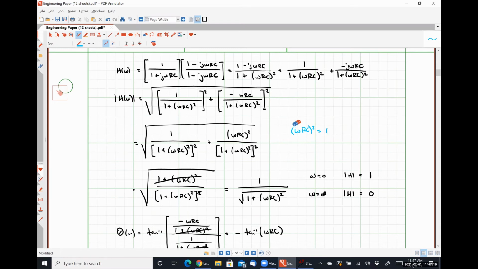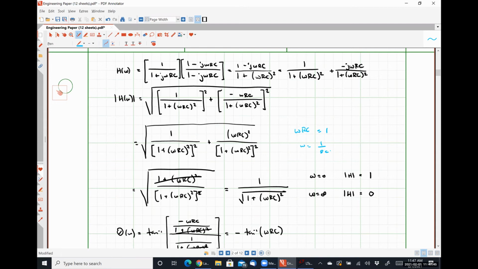Which gives us omega RC is equal to 1. We don't need to worry about a negative frequency. So that means that omega is equal to 1 over RC. So that is our half power frequency for this particular filter.